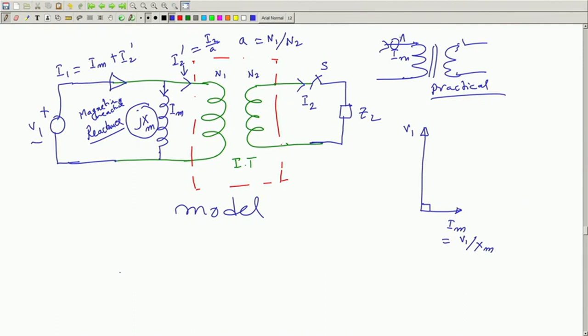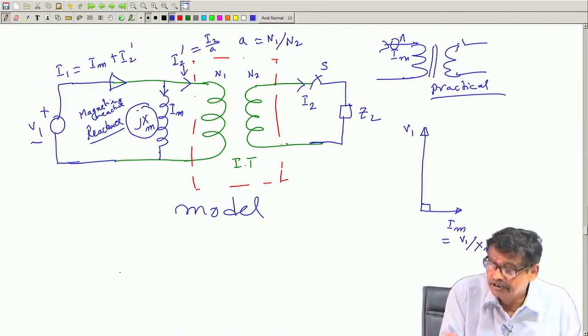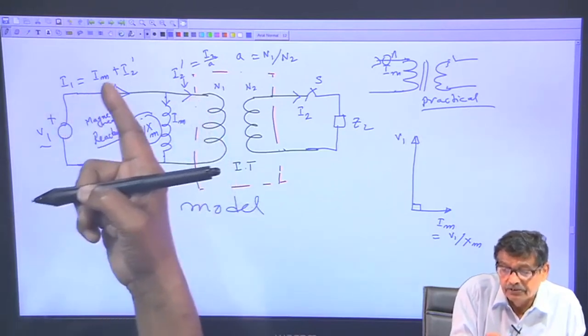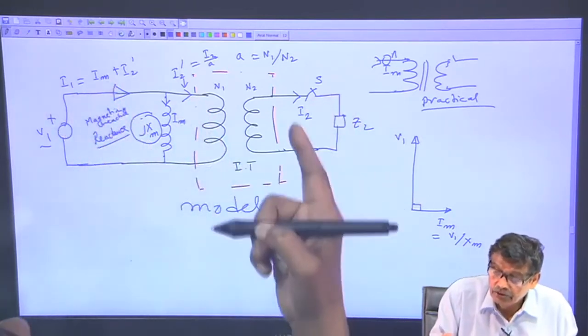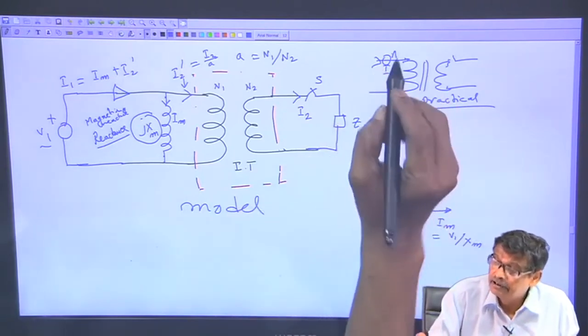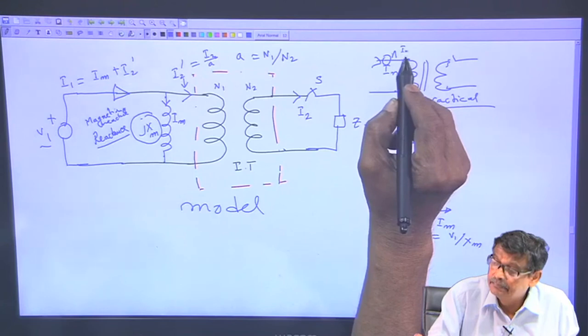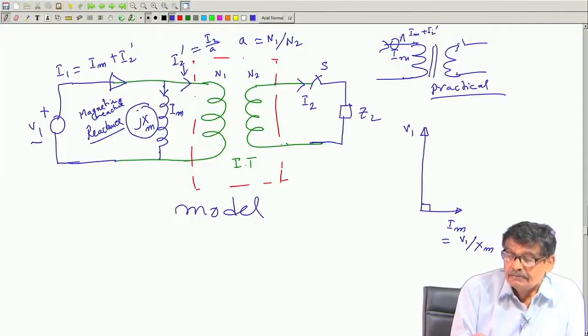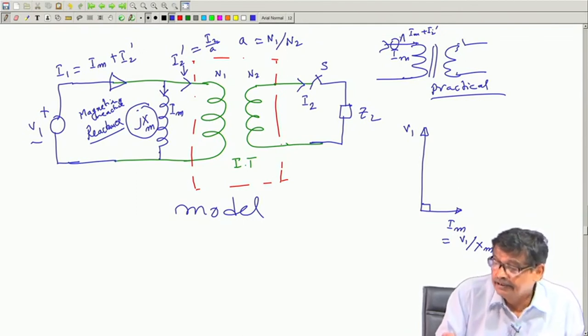With S open, the current drawn is Im, because there was no I2, there is no I2 dashed, so I1 is equal to Im. With S closed, this current in a practical transformer, we have seen, is Im plus I2 dashed. Yes, it is correctly representing.